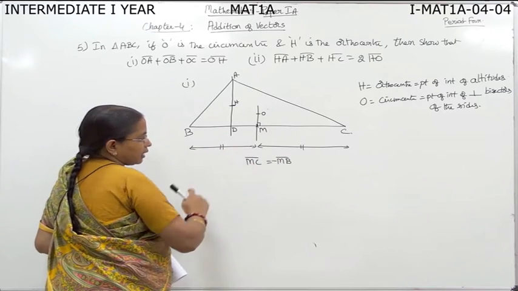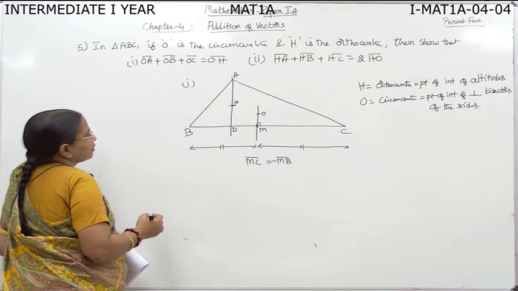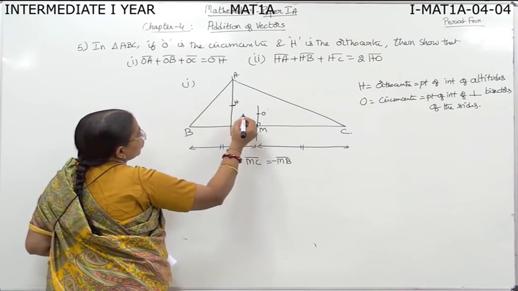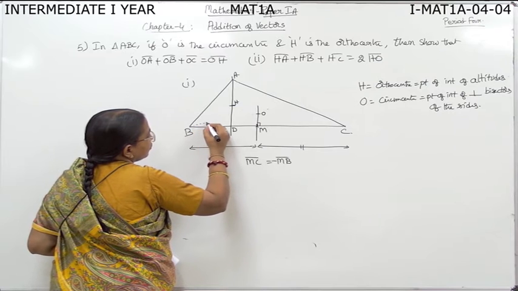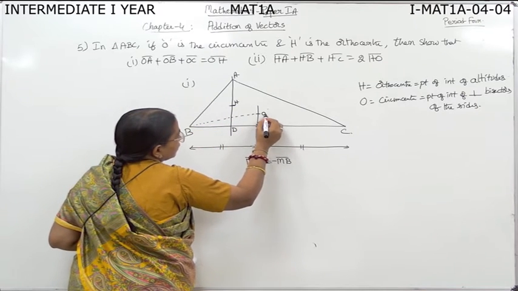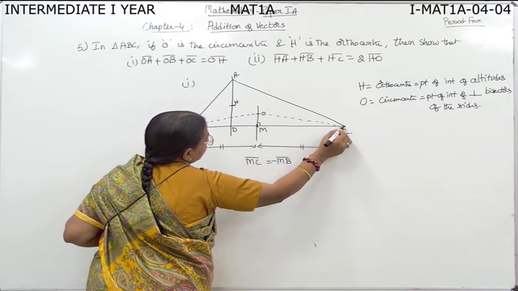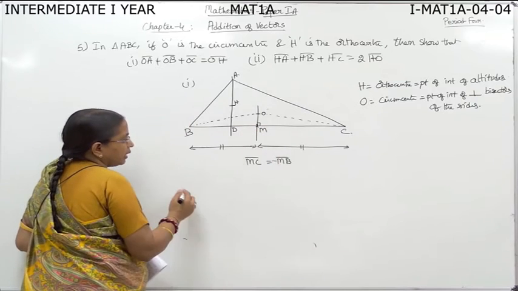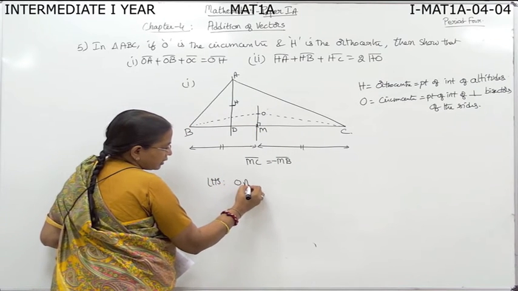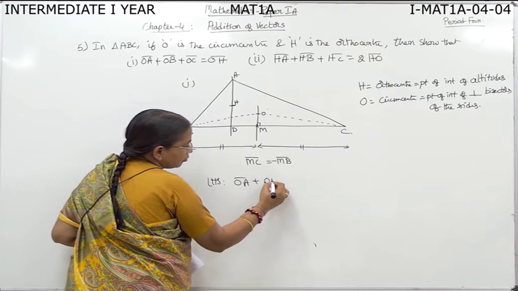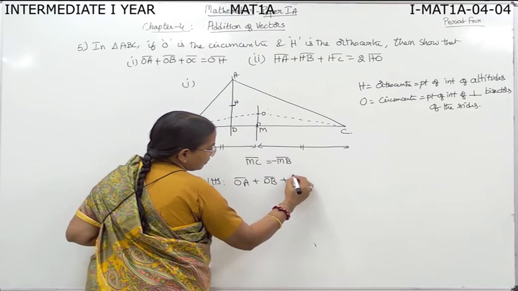So we'll write it as the negative of the vector. Okay, now we'll take OA plus OB plus OC. So we'll write OB and then OC in terms of OM, MB like that. Now we'll take the left hand side. Left hand side is OA plus OB plus OC.